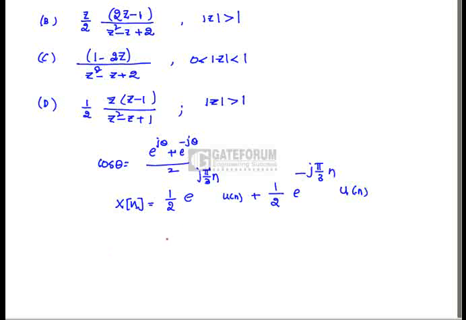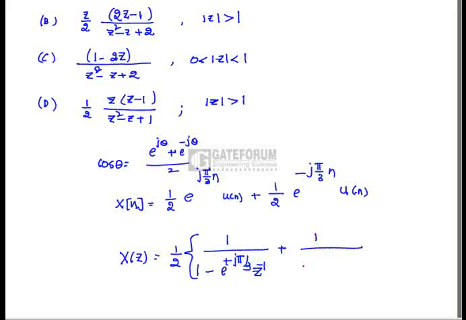By using the standard z transform relations, we can convert x of n into x of z as follows. X of z equals 1 by 2 times 1 divided by 1 minus e power j pi by 3 z inverse plus 1 by 1 minus e power minus j pi by 3 z inverse.